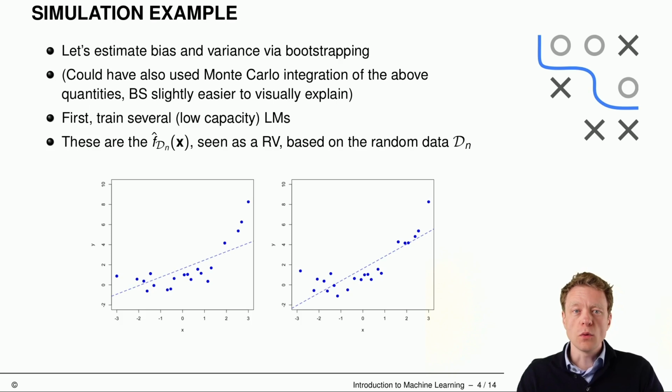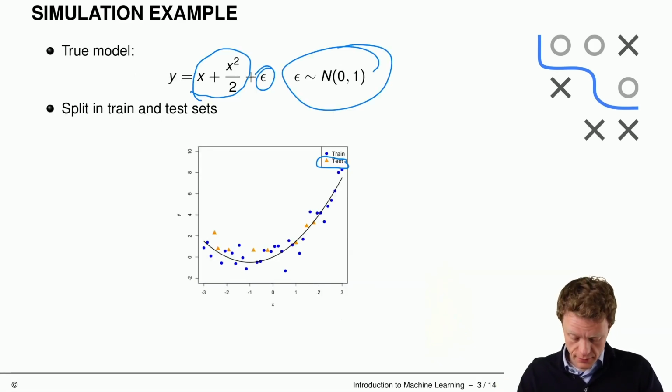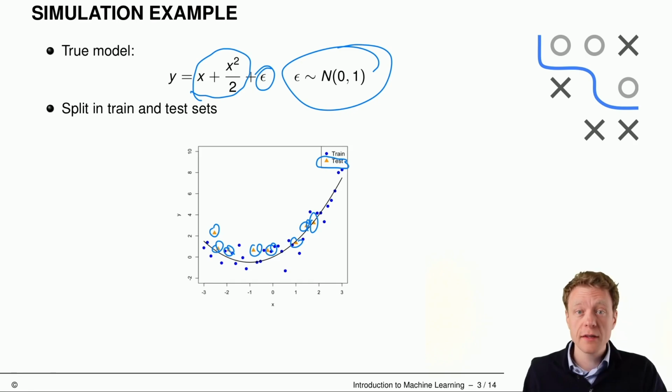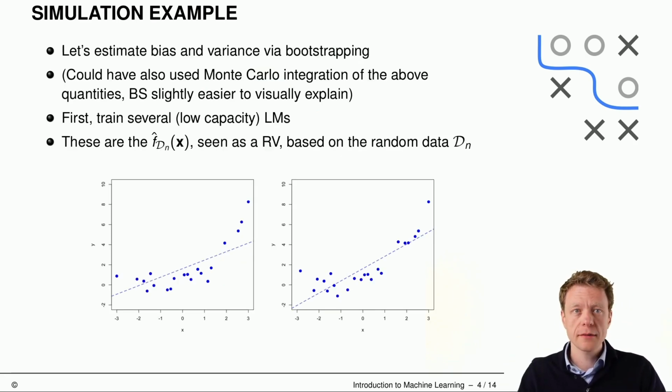So far, so good. What we want to do now is estimate this bias term and this variance term. We do this via bootstrapping of the training data. We keep the test data fixed. Let's go back. We have these 8 test data points, and we don't touch those. We only bootstrap the training data.